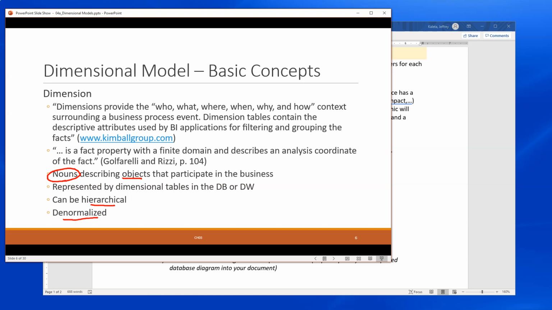They describe objects that are part of the business process, right? So although that fact may be able to describe an event, when all of the nouns or the actors of a business process come together, those individual actors or components make up the dimensions, right?